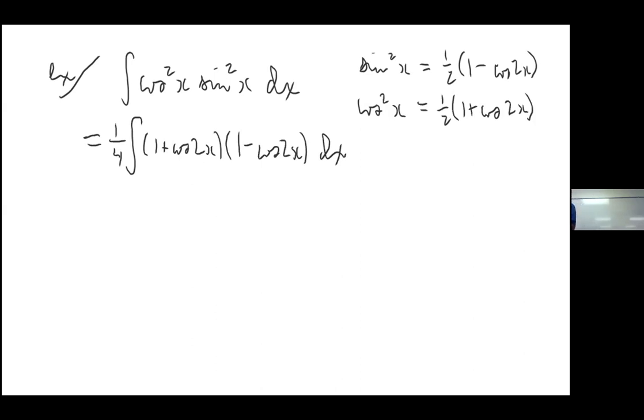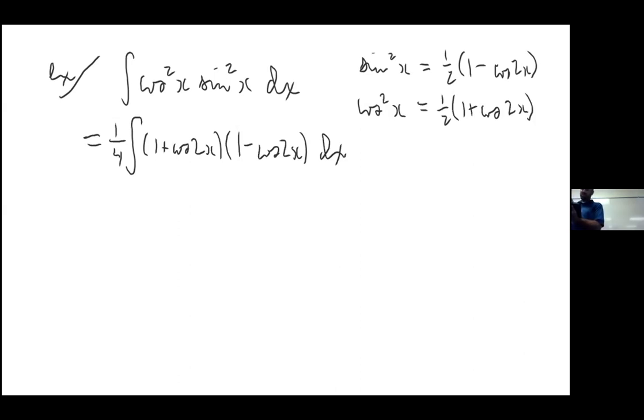Isn't that a plus b times a minus b, just the first thing squared minus the second thing squared? If I multiply it out, the cross terms cancel.